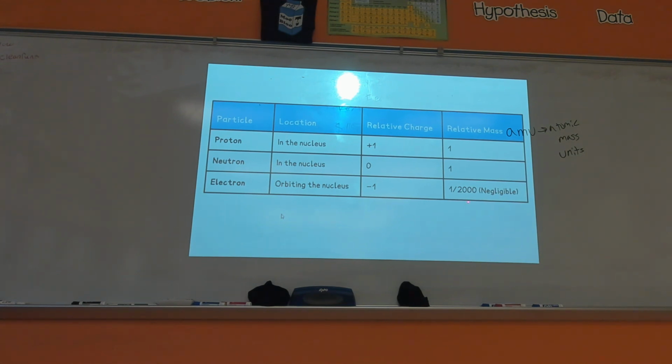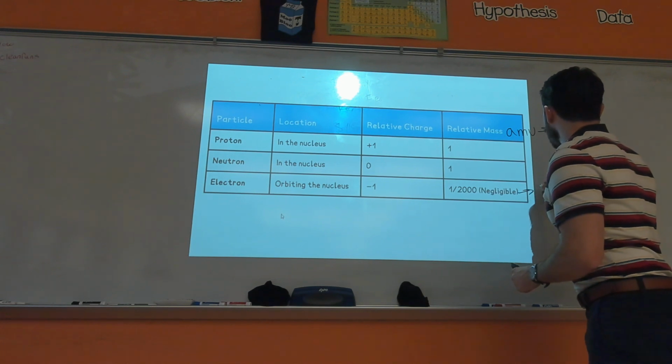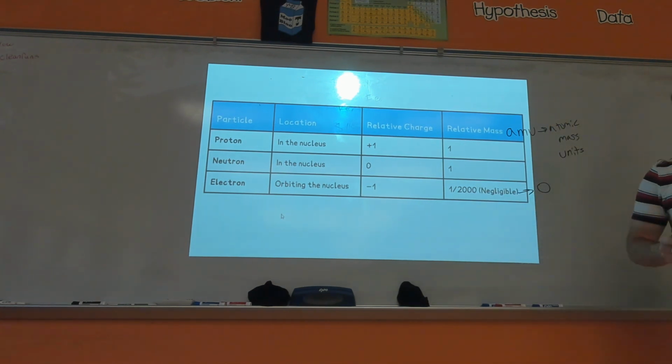Now then, an electron, its mass is 1/2000. And it says here in parentheses, negligible. Negligible means insignificant, really small. Basically, this means 0. When you think electron, think that its mass is essentially 0. So think of it this way.